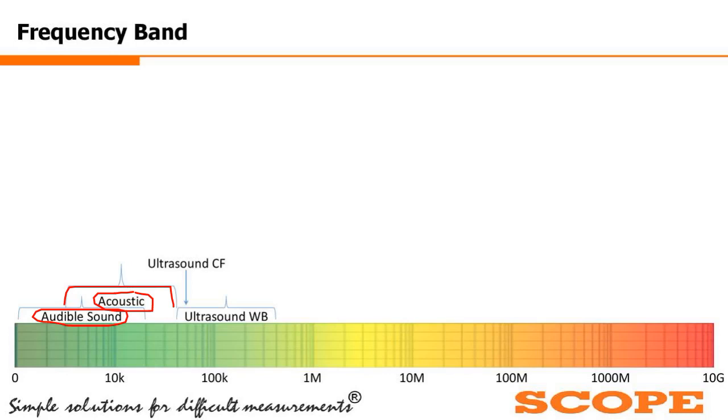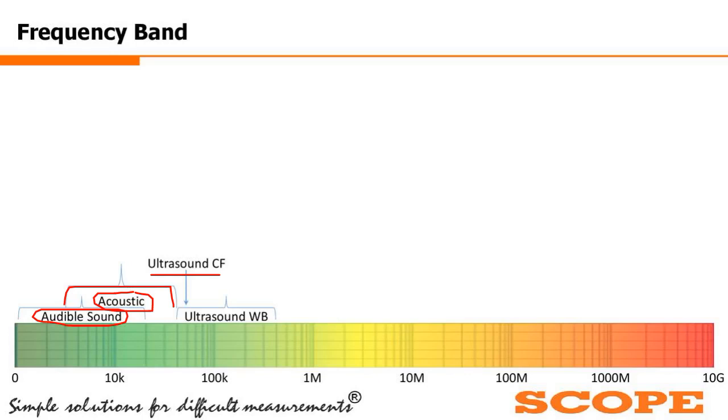Now when we are talking about different principles, there is the ultrasound center frequency measurement. Ultrasound center frequency is generally considered as 40 kilohertz, plus or minus 2 kilohertz or plus or minus 1 kilohertz, as different manufacturers specify.